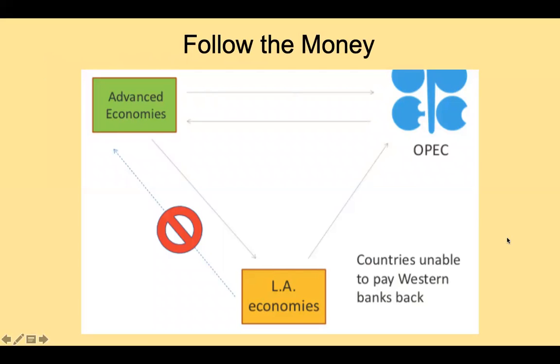And so back in those days, the Latin American economies were primarily borrowing from the United States and Western banks, banks in those countries. But as those bills became due, and as it became necessary to service the debt, even if it just meant paying down a little bit at a time, Latin American governments were increasingly unable to pay those banks back.